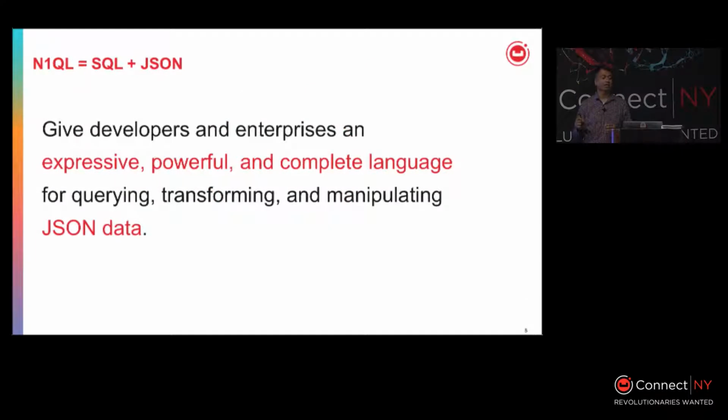The goal of Nickel, which is SQL for JSON, is to give developers and enterprises an expressive, powerful, and complete language, not just select. We have select, insert, update, delete, merge, infer, for querying, transforming, and manipulating complete JSON data. That's the goal.